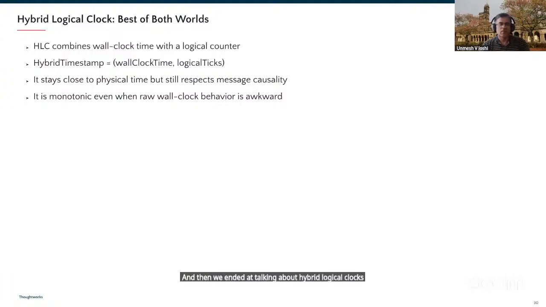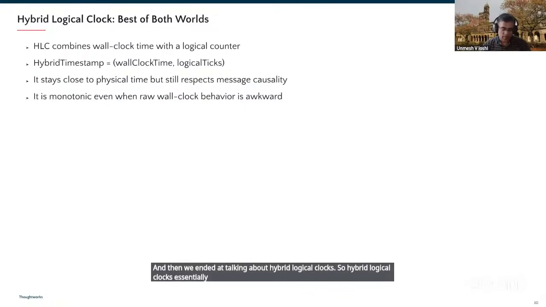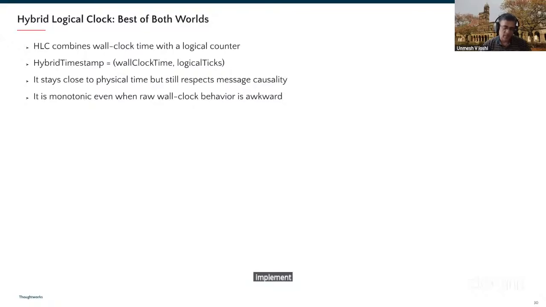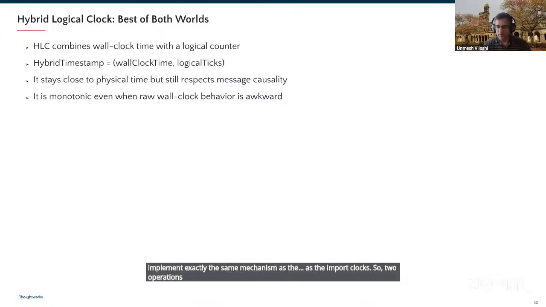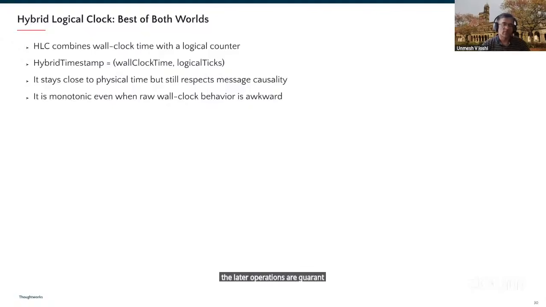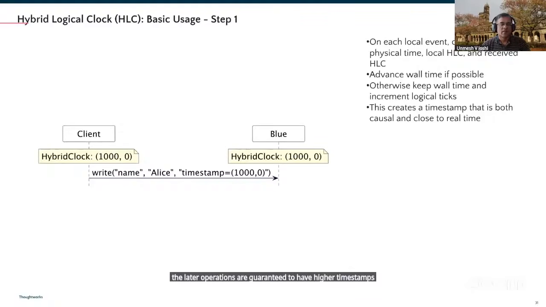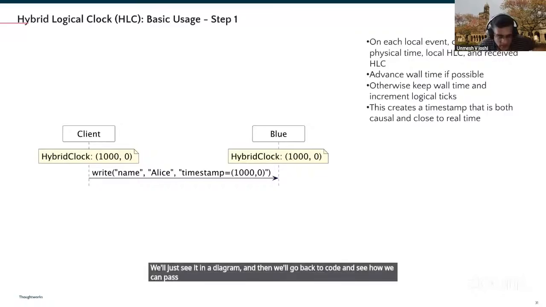Hybrid logical clocks implement exactly the same mechanism as Lamport clocks, so two operations which relate to each other are guaranteed to have the later operation with a higher timestamp. We'll see it in a diagram, and then we'll go back to code and see how we can pass the tests that we have.